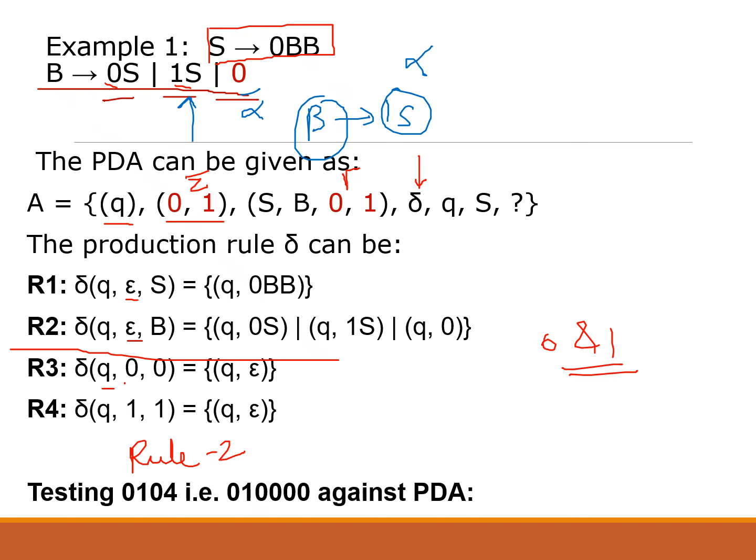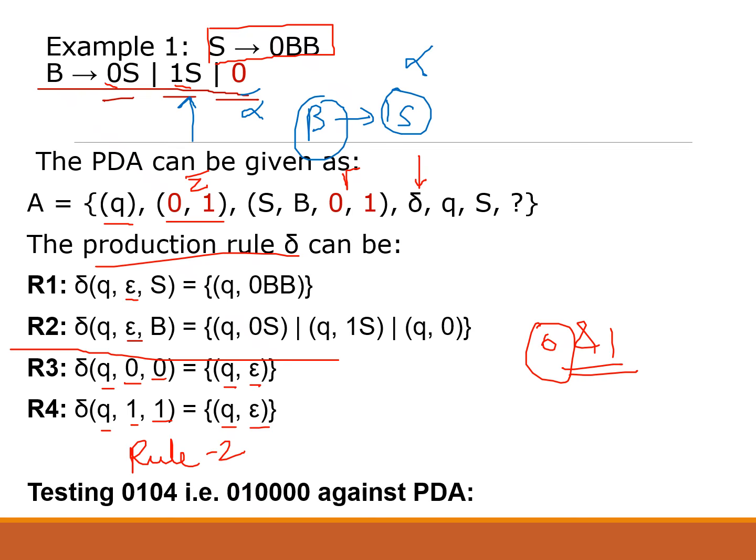So this is Q, 0, 0 for this 0. This is Q, epsilon. Next is Q with 1, 1. It is Q, epsilon. So these are the four rules, or set of four production rules, for the PDA that will be obtained by converting the CFG, or context-free grammar, to this.